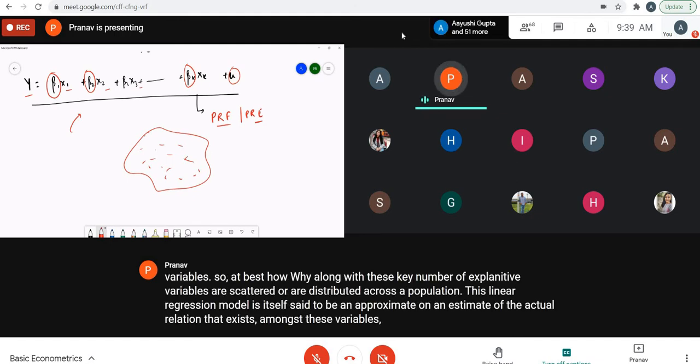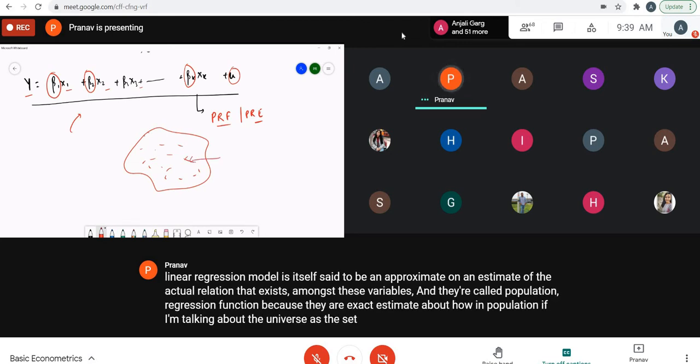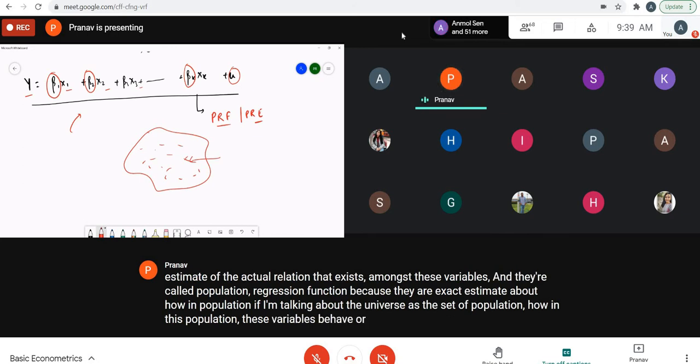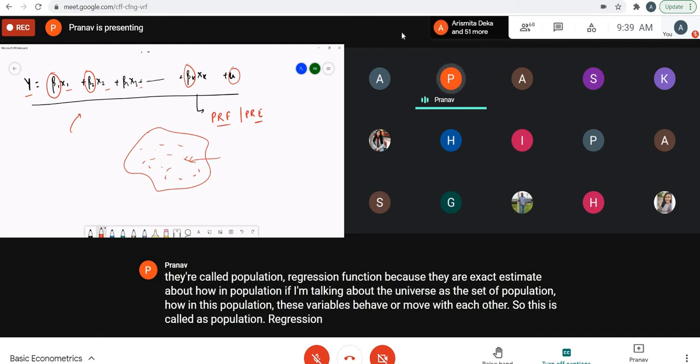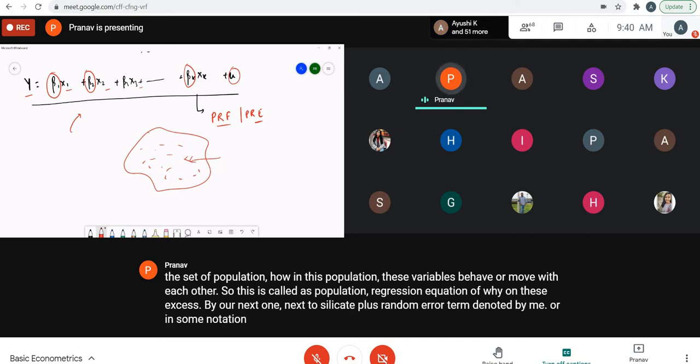They are called population regression functions because they describe how in the population, if I'm talking about this universe as the set of population, these variables move with each other. So this is called the population regression equation of y on x1, x2 till xk, plus a random error term denoted by mu, or in some notation denoted by epsilon.